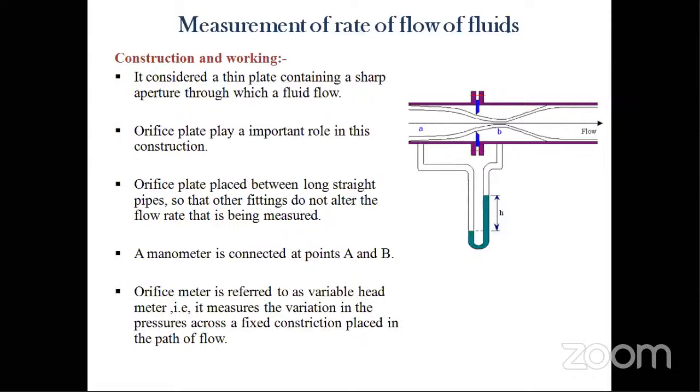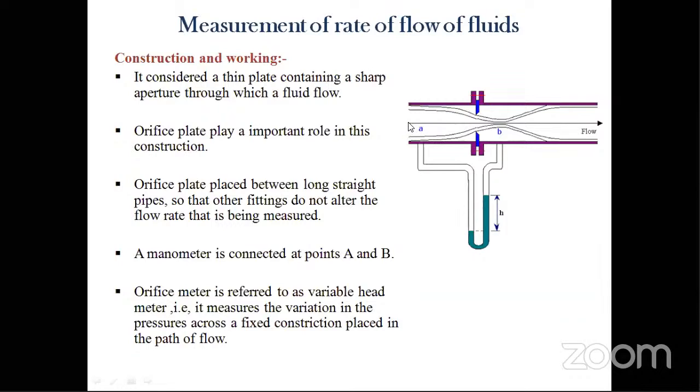This narrow portion is called the vena contracta. We already read about the losses: first the energy loss, then the enlargement loss, and the contraction loss. Whenever liquid comes into a contraction, it is called contraction loss, and whenever liquid comes into an enlargement, it is enlargement loss. In this phenomenon, both happen.